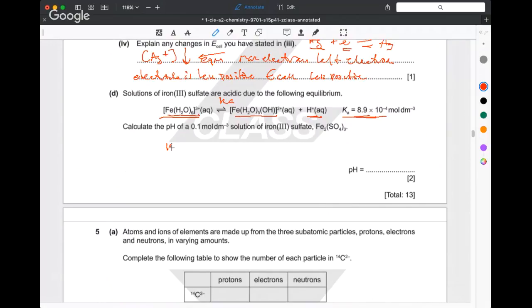So if you had to write the equilibrium equation for this, you'd have this ion over here, you've got the concentration of that, and you've got the concentration of the hydrogen ion over the concentration of this ion here.